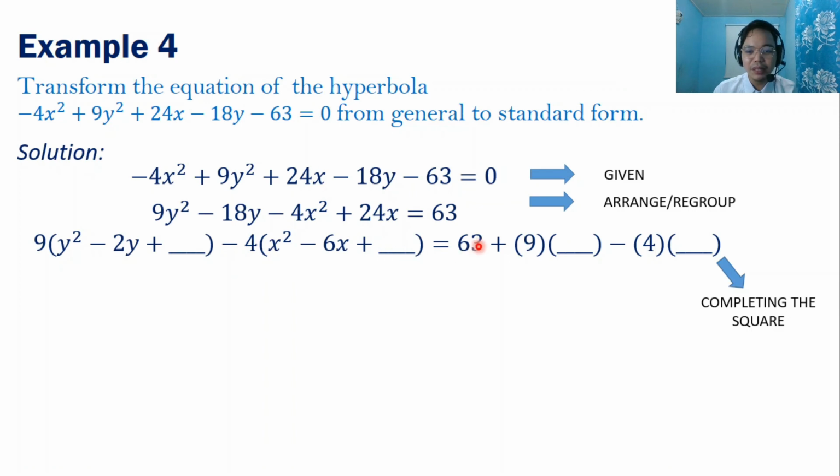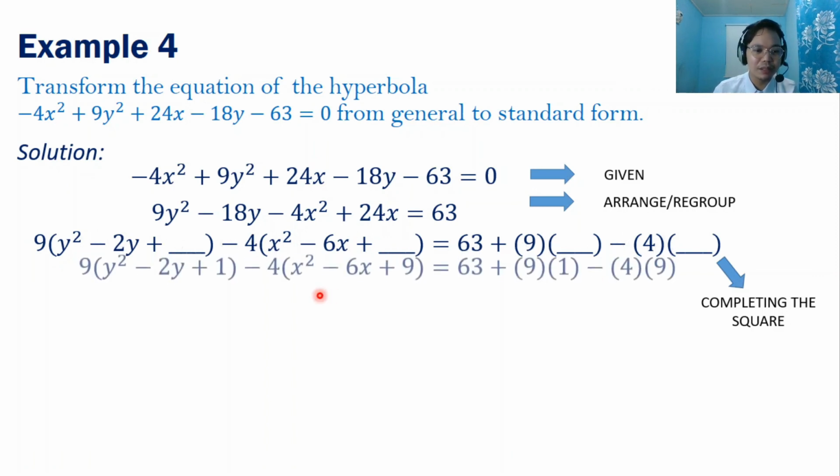Then, blank plus 63. Then, kagaya nung nauna natin na transforming doon sa ellipse, idadagdag natin dito yung ating GCF. Then, imumultiply sa kung ano yung makukuha nating value ng C. Then, here naman, sa last term, dahil negative 4 yung ating naging GCF, negative yung dito. Then, let's fill in the blanks.